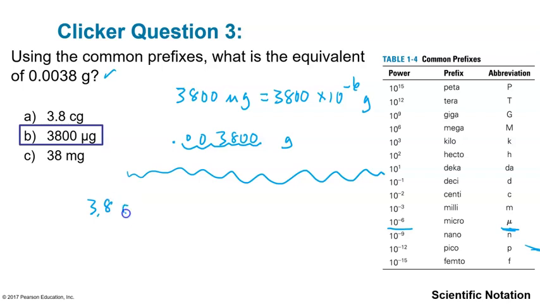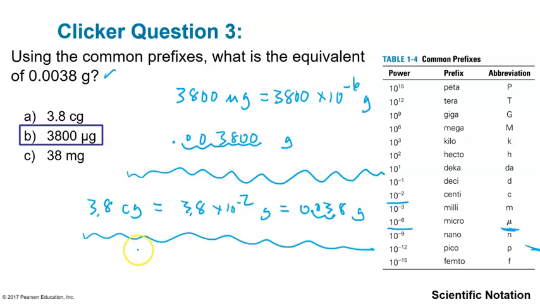So 3.8 centigrams, and that would be 3.8, and then centi, we go over to here. Right here is 10 to the negative 2. To write that, I would write 3.8, and then I'd move 1, 2. So it's close, but it's 0.038 instead of 0.0038. So not exactly there.